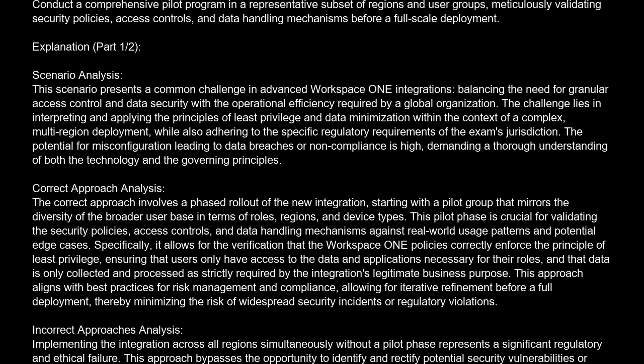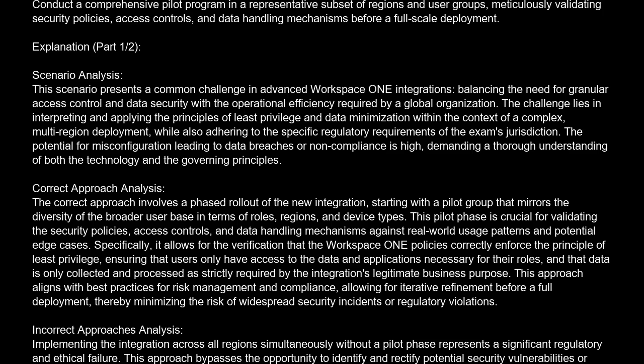Correct approach analysis. The correct approach involves a phased rollout of the new integration, starting with a pilot group that mirrors the diversity of the broader user base in terms of roles, regions, and device types. This pilot phase is crucial for validating the security policies, access controls, and data handling mechanisms against real-world usage patterns and potential edge cases.